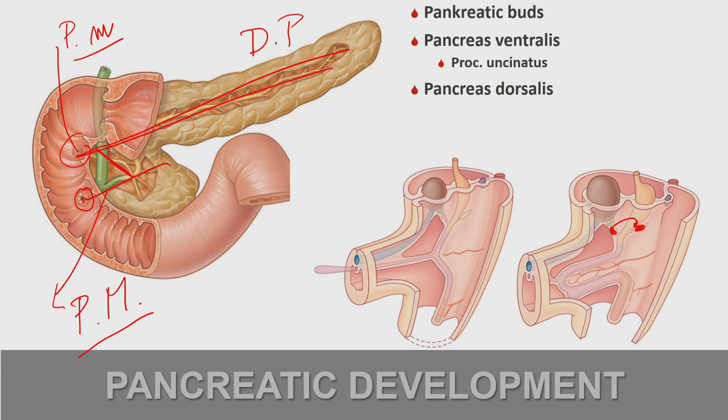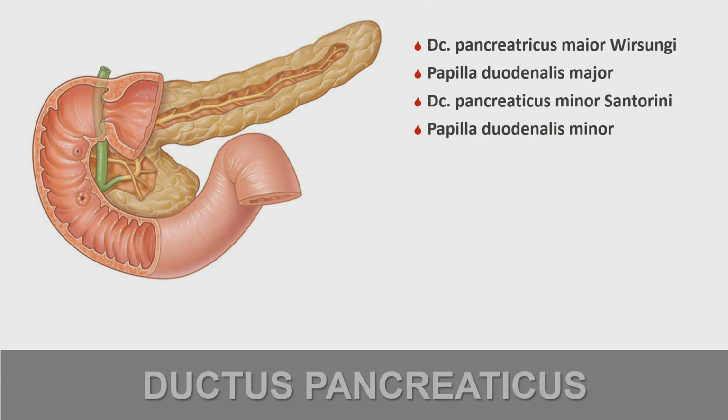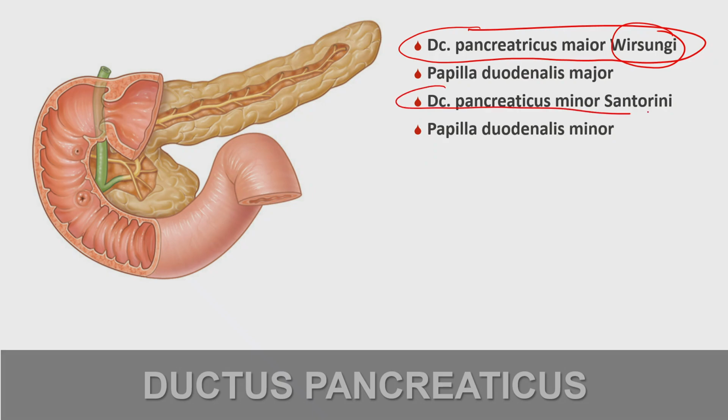So this is the ductus pancreaticus major, also called Wirsungii, the major pancreatic duct, and the ductus pancreaticus minor, smaller, called Santorini.